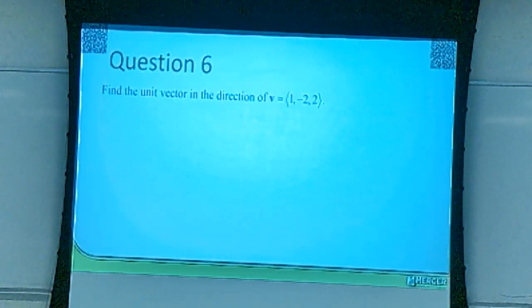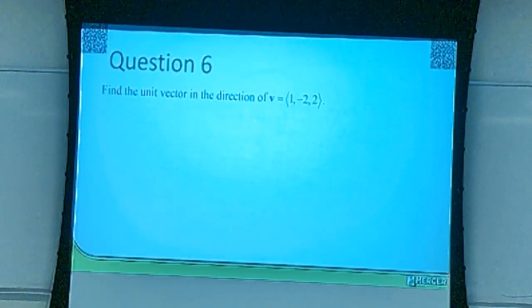Would it change its direction? It could. When? If it's a negative scalar, it would flip the direction. But if you multiply by a positive scalar, it keeps the direction. It's just going to either extend it or shrink it.